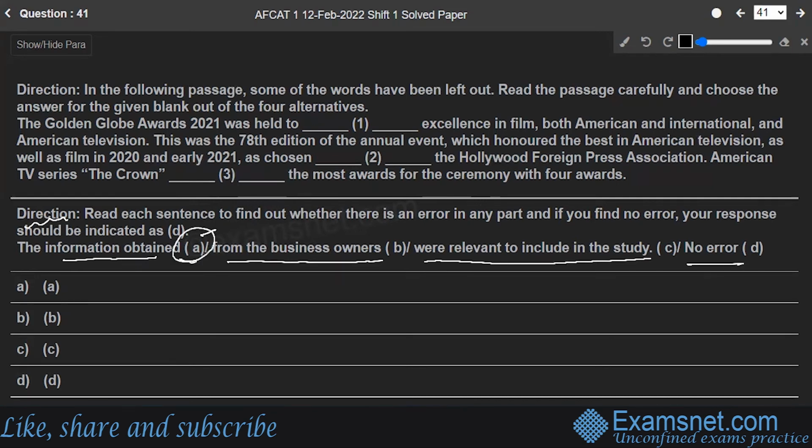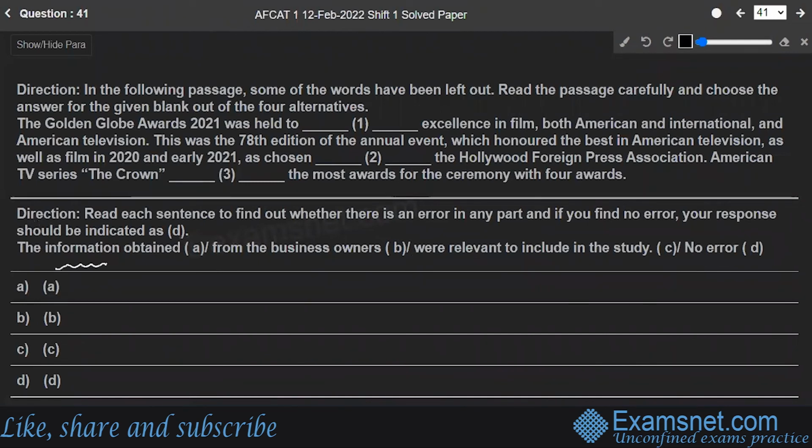That's part A. This is part B. This is part C. And the D one, which is saying no error. If you read this whole sentence once, you can clearly see what is the incorrect one.